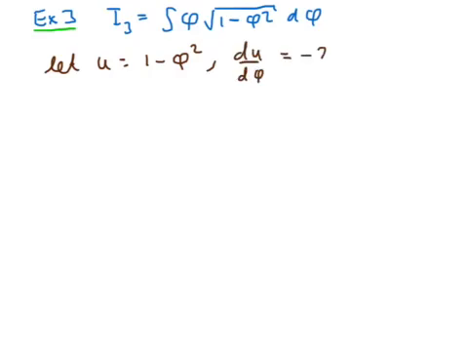So this tells us that we want to write our integral I3 as the integral of the square root of u, that's this factor here, and I'm going to put the phi at the end, and I want to write not phi but minus 2 phi, which is du d phi.